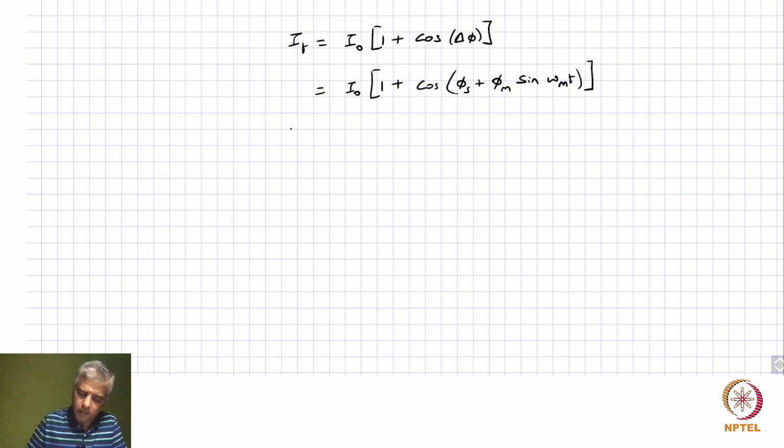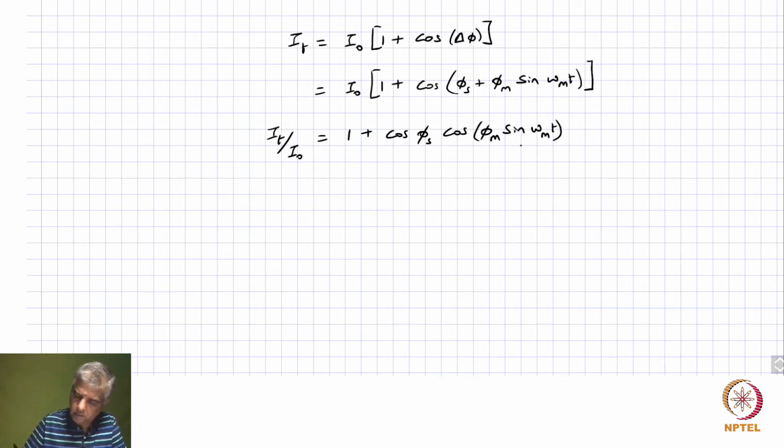So I can just write this simply, let us say I take the I naught over to the other side. I just normalize the intensity at the output with I naught, then you get 1 plus cos of phi s cos of phi m sin omega m t, that is one term, plus sine of phi s sine of phi m sin omega t.